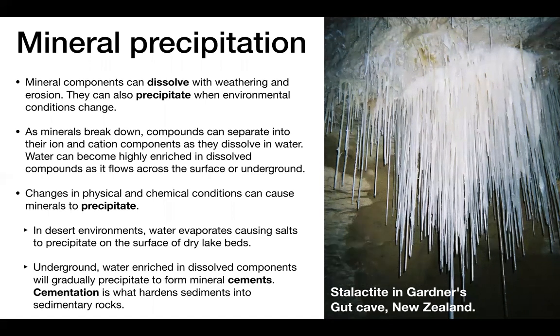The Na+ and Cl- ions separate and disperse into the solution. Precipitation is the reverse process in which ions in solution come together to form solid minerals. Precipitation is dependent on the concentration of ions in solution and other factors such as temperature and pressure.